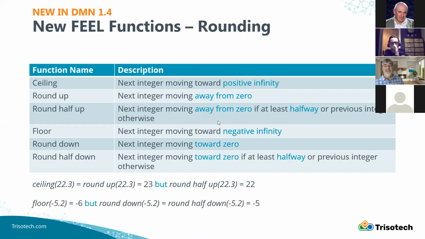And so these functions were introduced to help those that are doing more work with financial rounding of numbers. Although they can be used in any domain, but that's certainly where the motivation came from. Our friends from Goldman Sachs had a lot of requirement around this need.